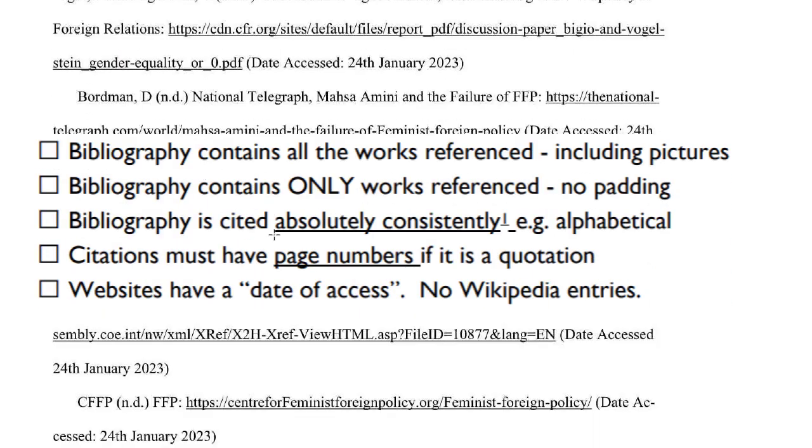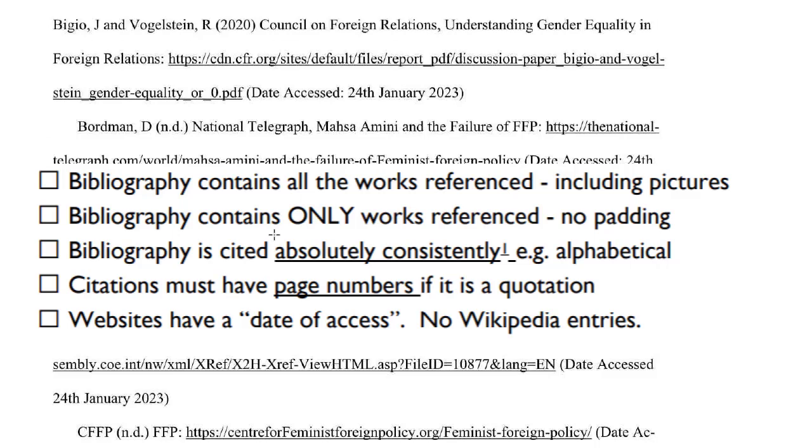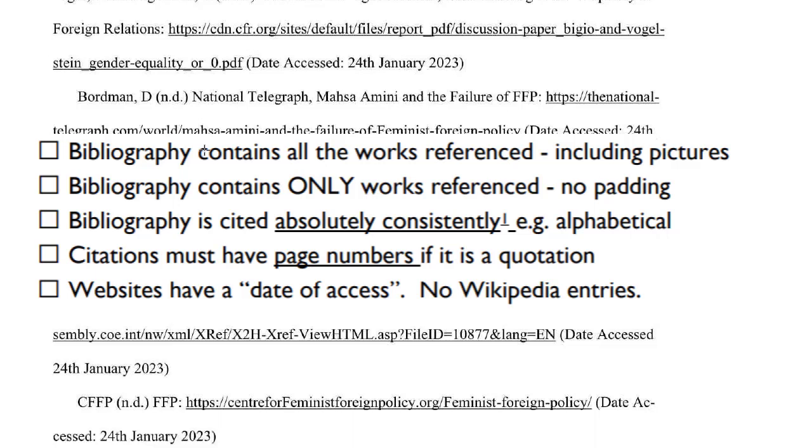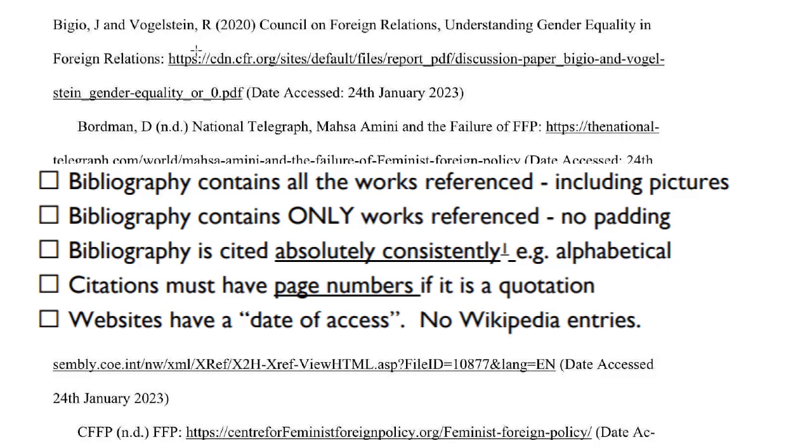It only has works that you have referenced. It must not have just works that you read as part of it. So only referenced works, and obviously all the works that are referenced have to appear in the bibliography, including any pictures. The bibliography is cited absolutely consistently. They are red hot on this.